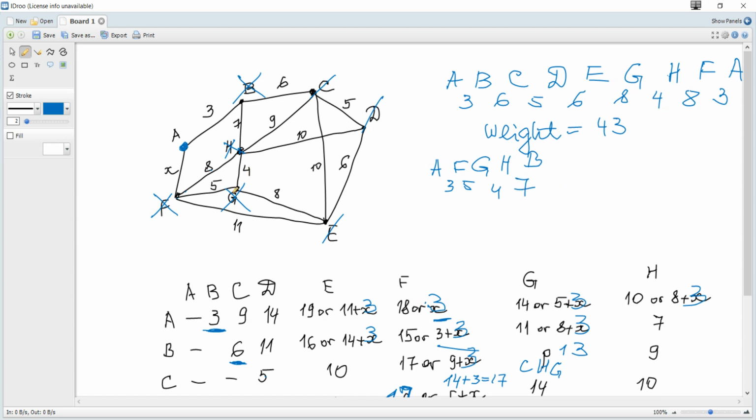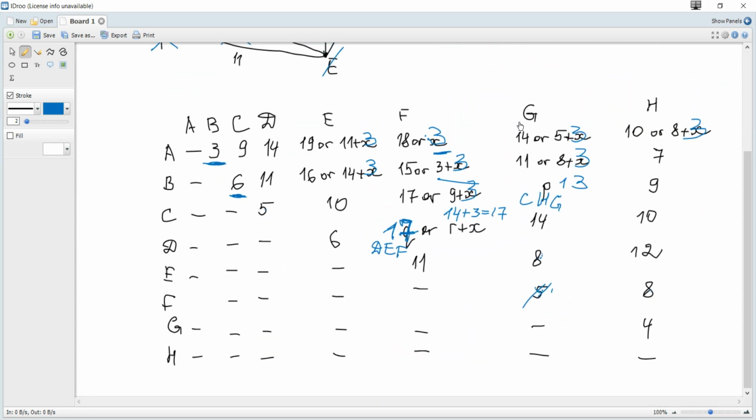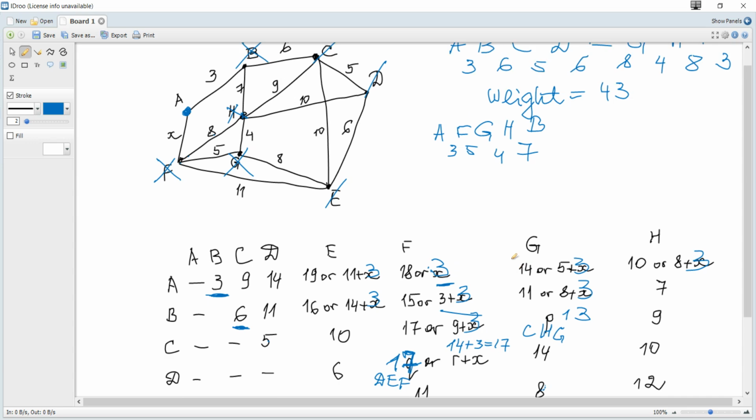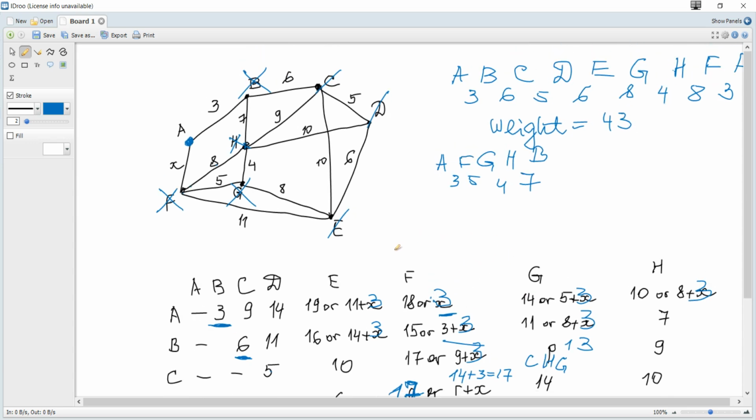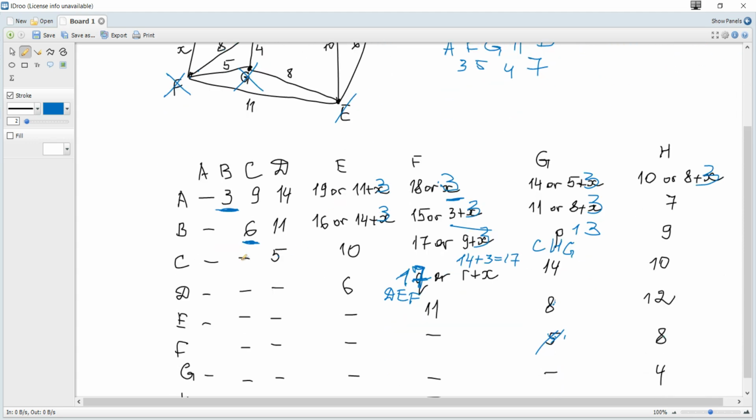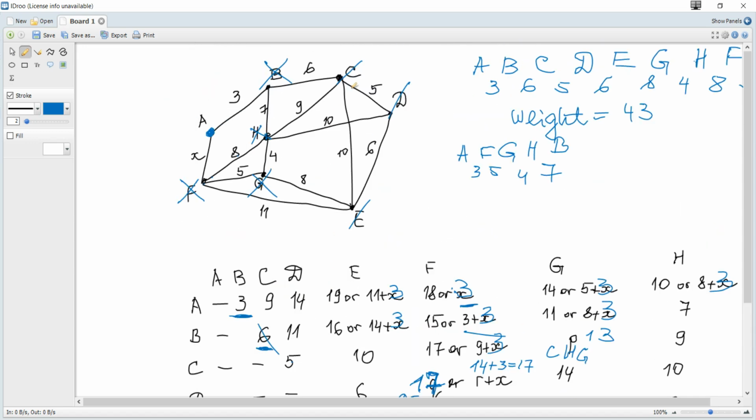From G to H definitely the least possible value, it's 4. Yes, from H to B it's 7. Then from B, you can see that it's to C, from B to C, 6.